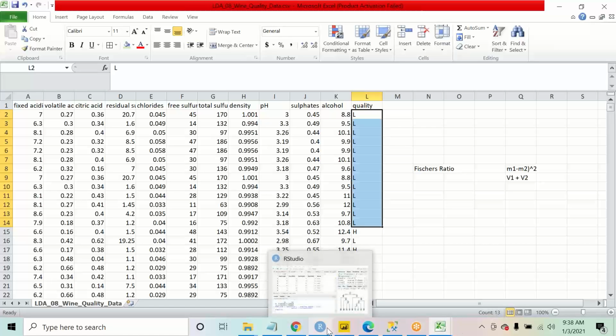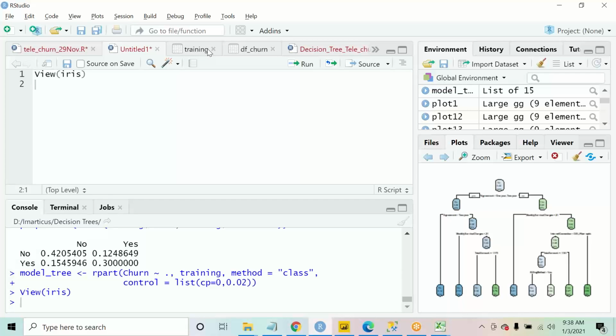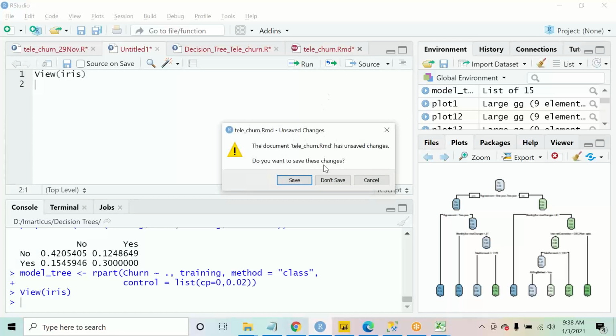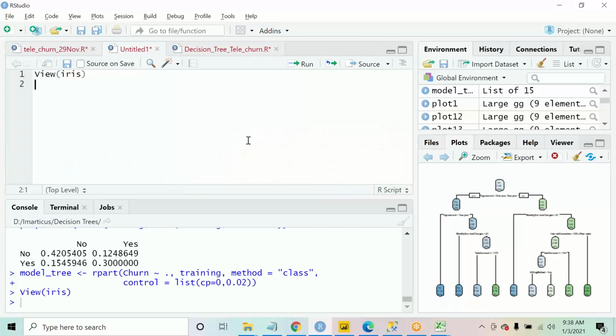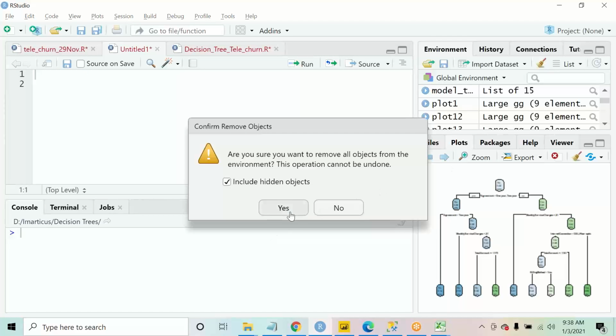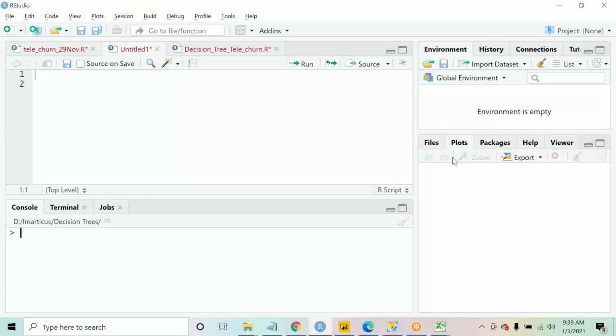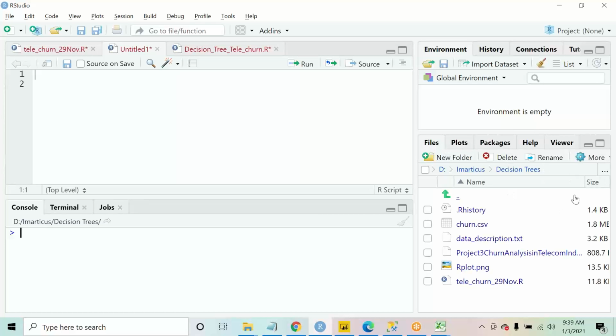Okay, so let's all do this thing together over here. So let's just close this previous stuff. First of all, I will make my folder where this file is placed as my working directory.